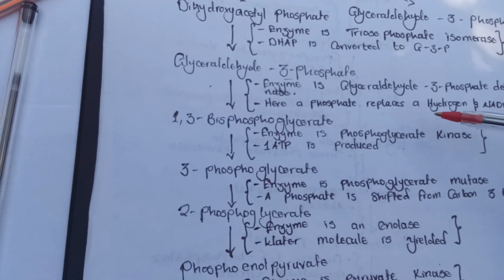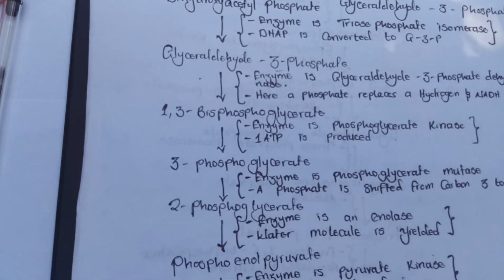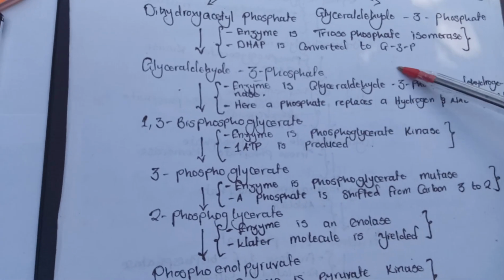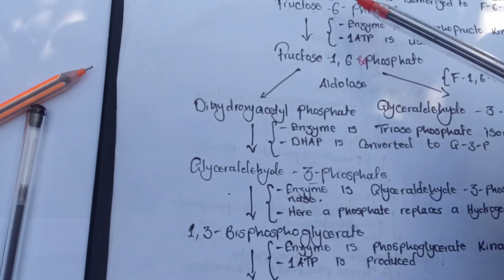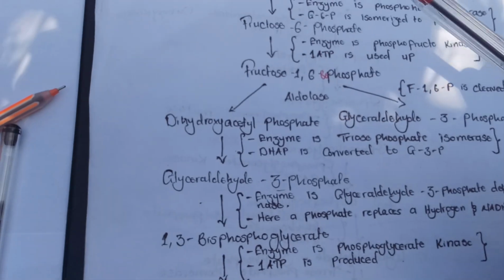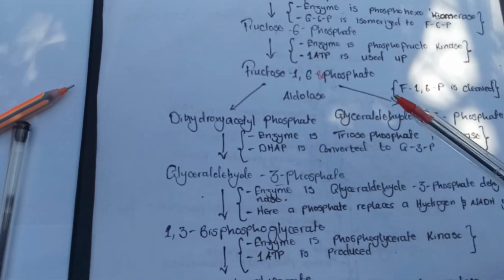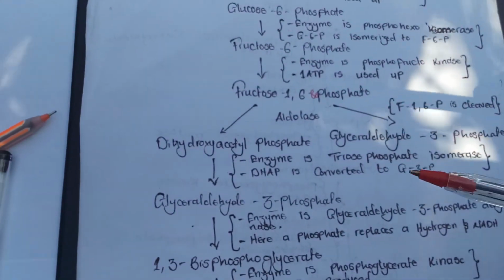So the gross energy molecules produced are 4 ATPs and 2 NADHs. But if we remove the 2 ATPs that we used up on this side, we are actually having a net of 2 ATPs and 2 NADHs in the glycolysis pathway.